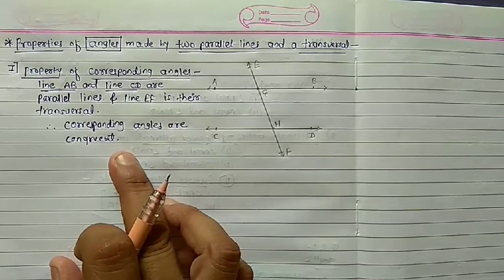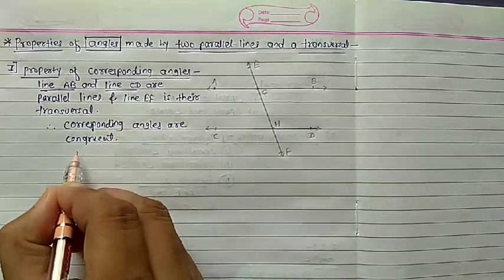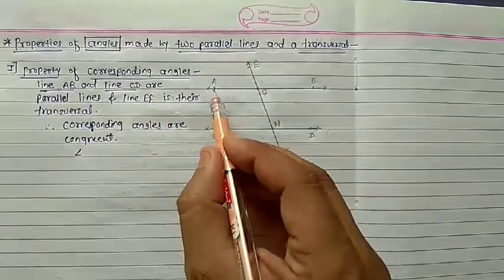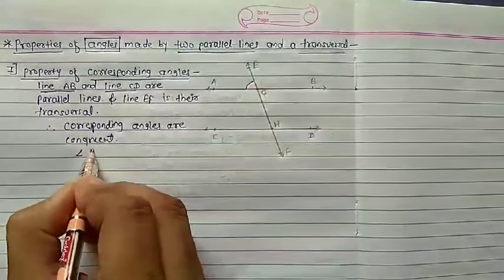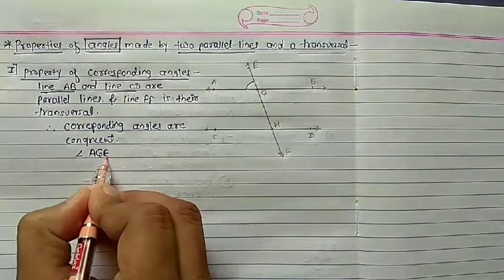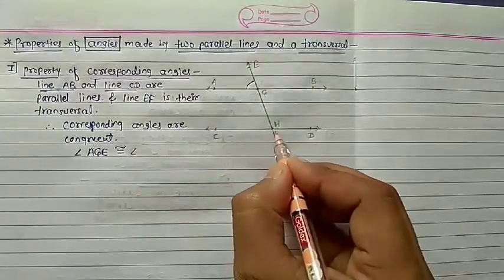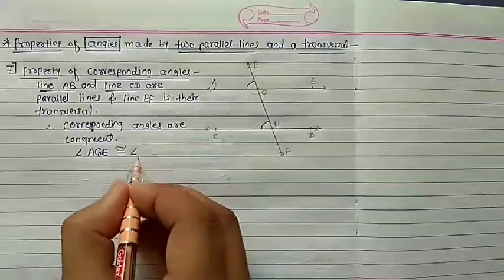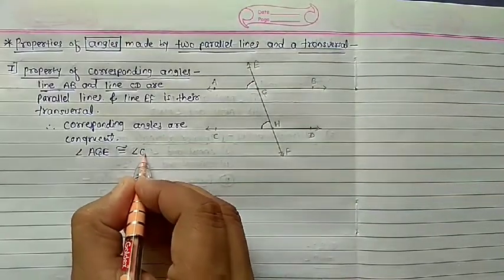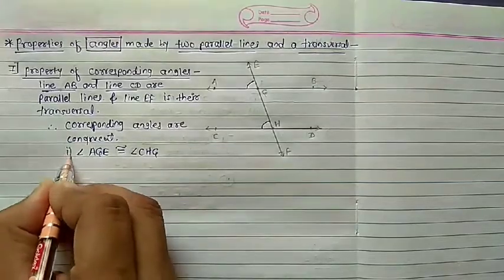So here we will get four pairs of corresponding angles. That is, angle AGE is congruent to angle CHG. These two angles are corresponding angles. So this is the first pair.